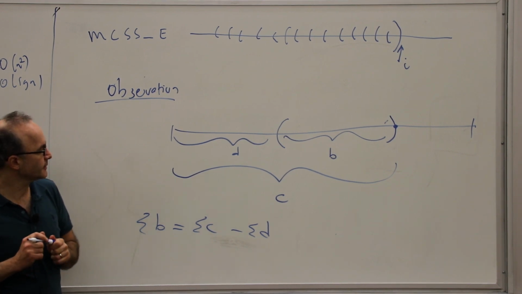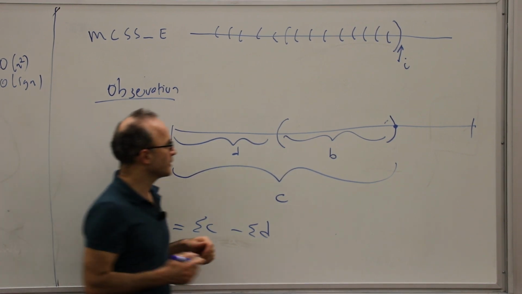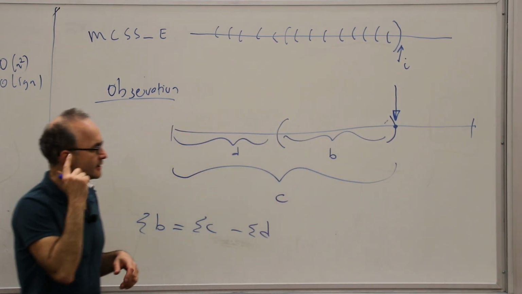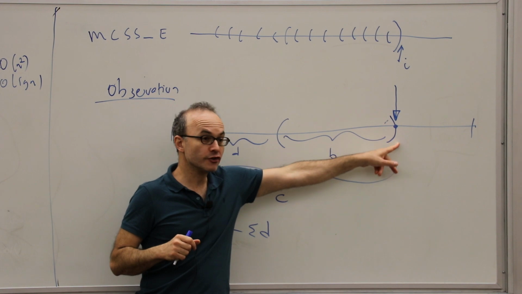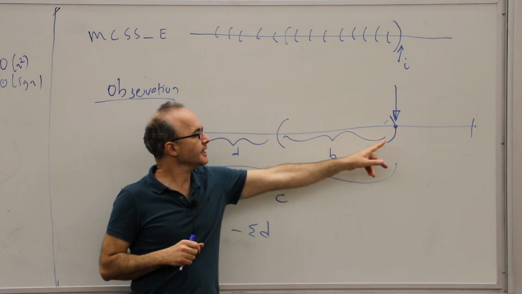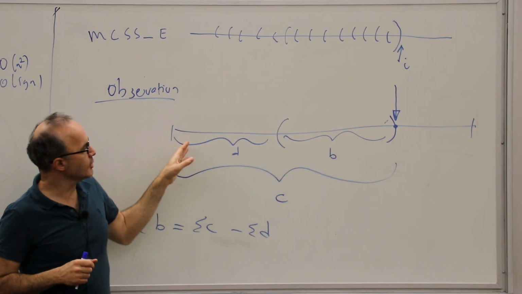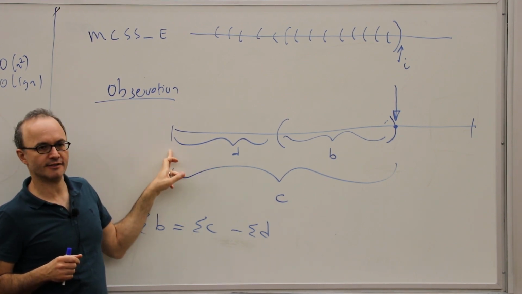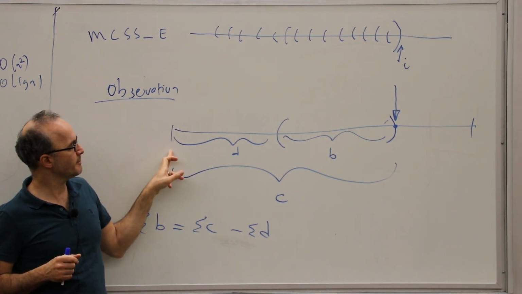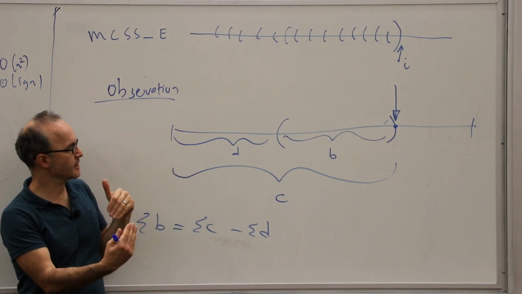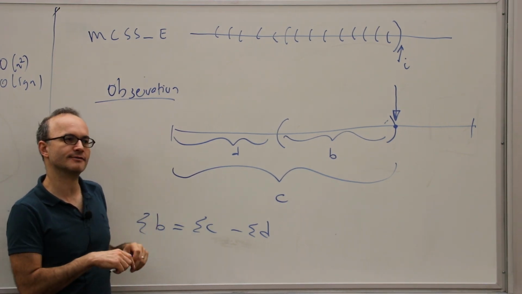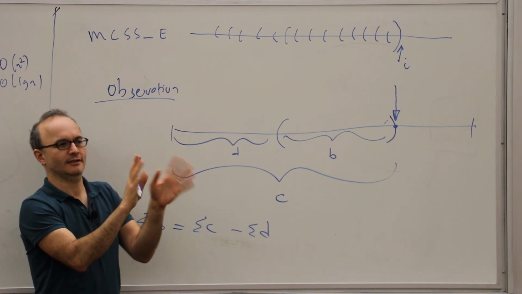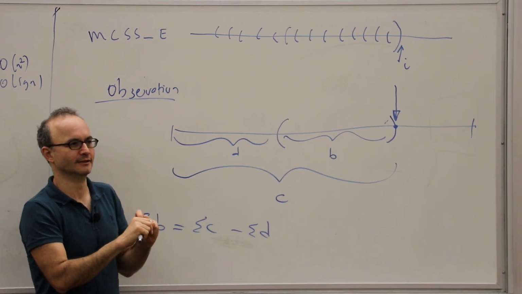Now, this means what? This means that if you want to find the largest subsequence that ends here, what we want to find is the minimum subsequence D that starts at the beginning. If we pick the min and then we subtract it out, that gives us the max. I'm just rephrasing our approach slightly, it's the same thing.